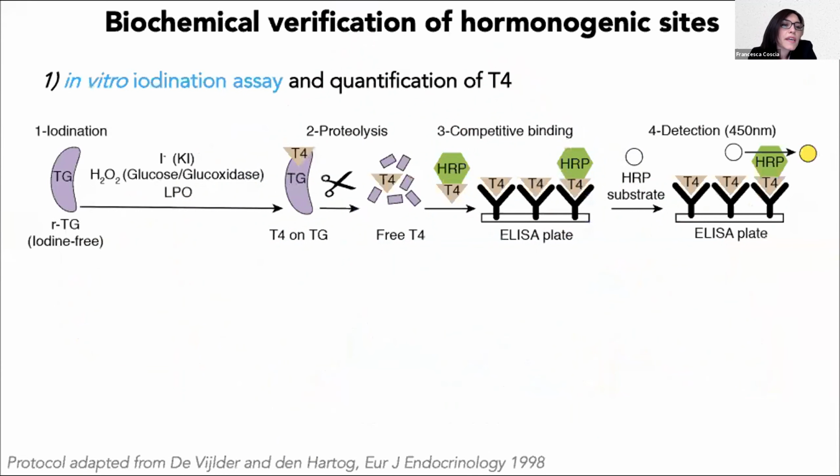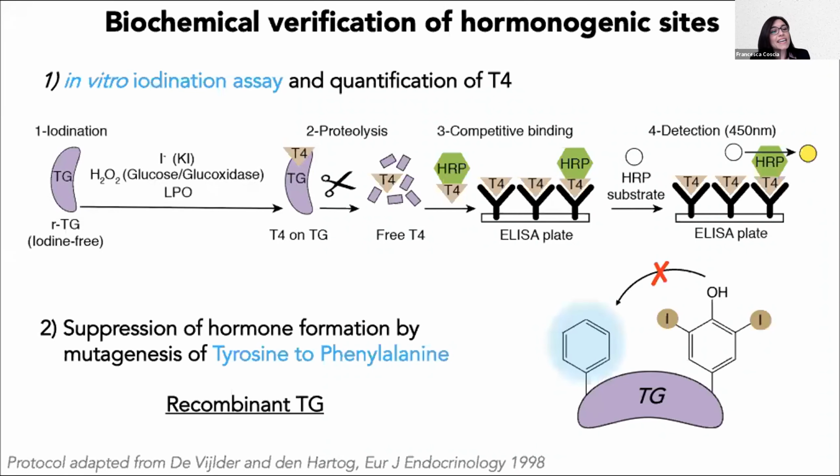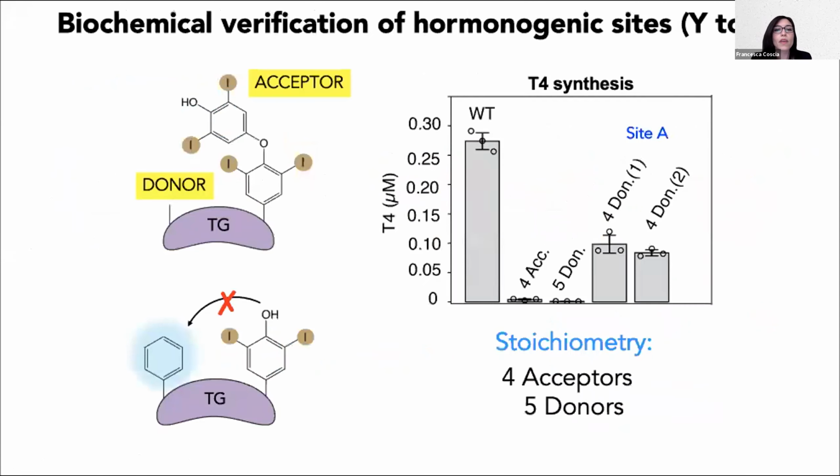So we developed an in vitro iodination assay. I won't go into detail, but basically we tried to reproduce what happens in vivo. We iodinated completely uniodinated recombinant TG, then liberated the hormone from TG, and detected it with the ELISA method. To verify the identity of these tyrosines, we used recombinant TG and mutated the tyrosines into phenylalanine in order to suppress hormone formation.